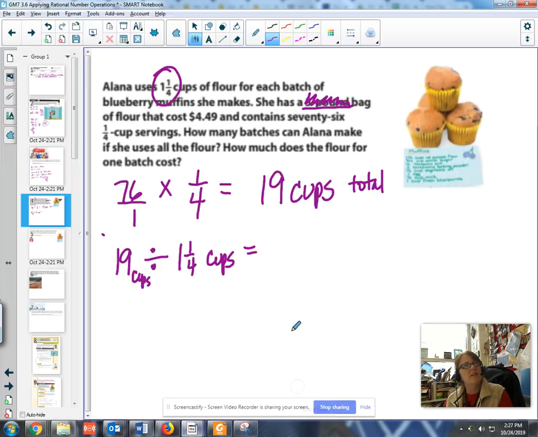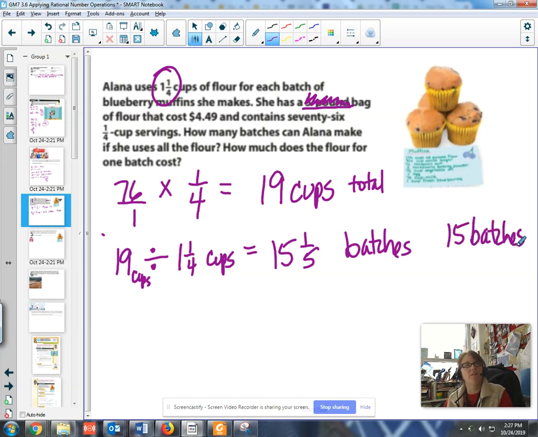Let's go. Now, in reality, are you going to make a fifth of a batch? Because your answer here is batches. No, you're going to make 15 batches and you're going to have a little bit of flour left over.